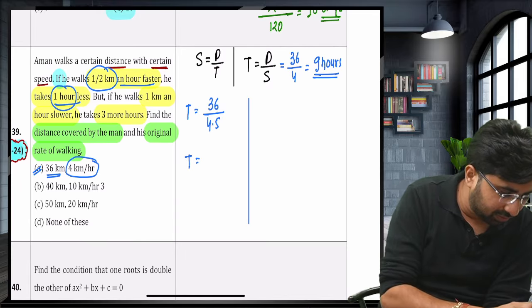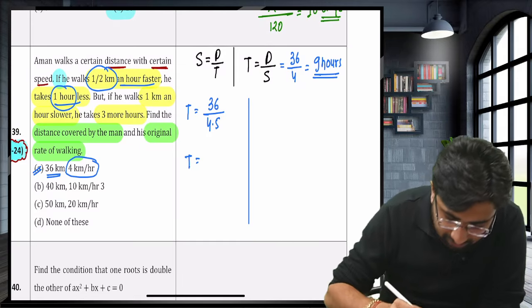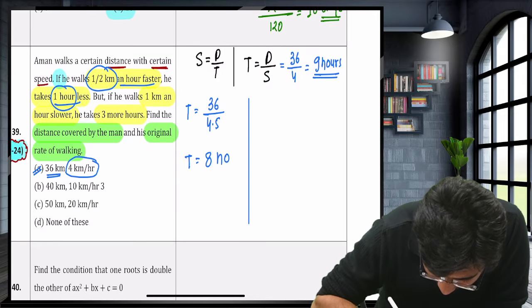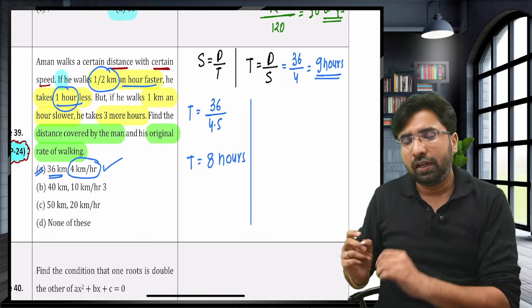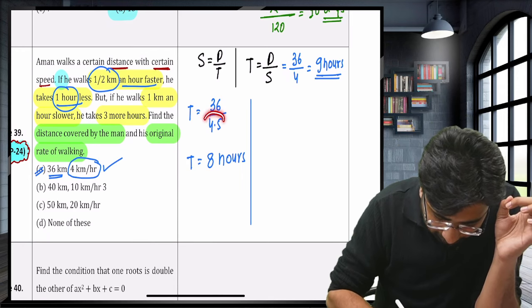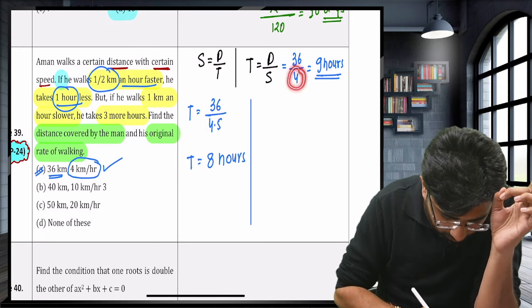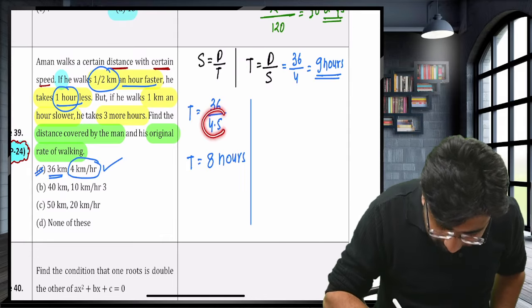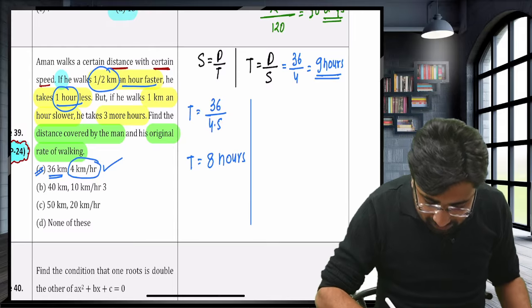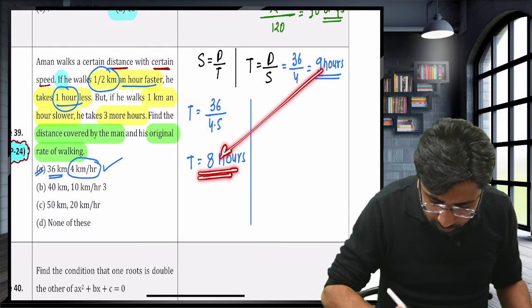Let's check. 36 divided by 4.5. Yes, Aman is taking now 8 hours. Can I say this option justifies the first condition? If you increase the speed by 0.5, now Aman is taking 8 hours, which is 1 hour less.